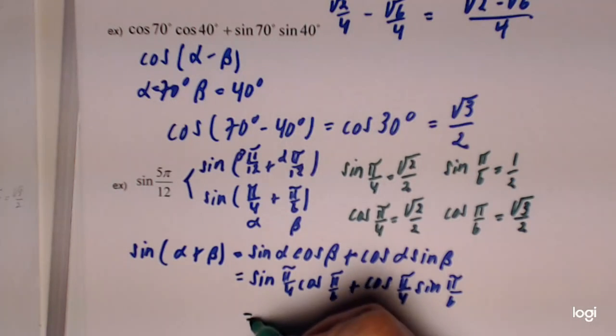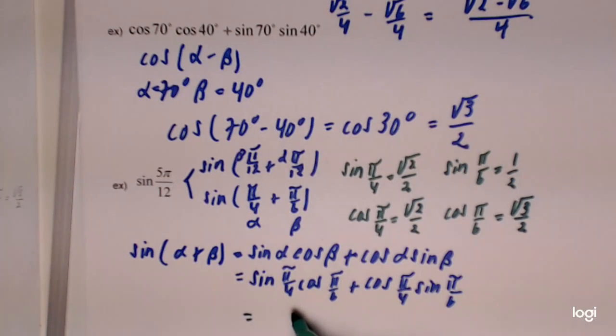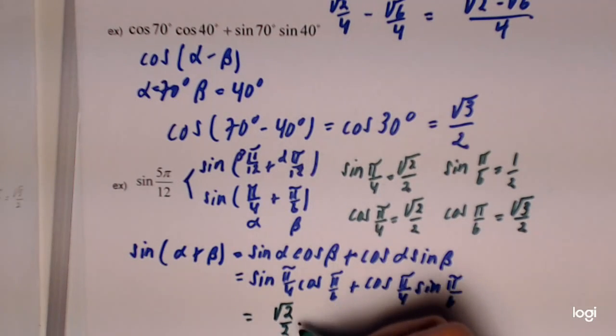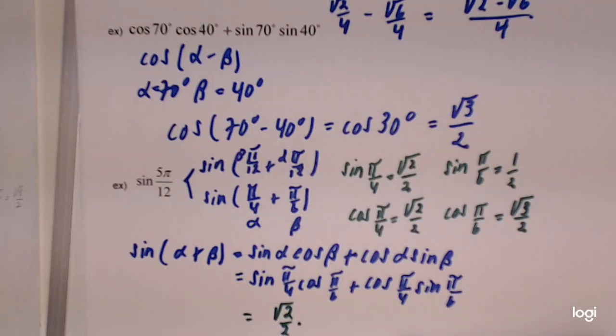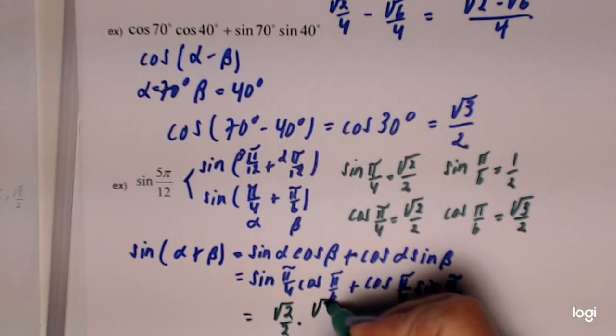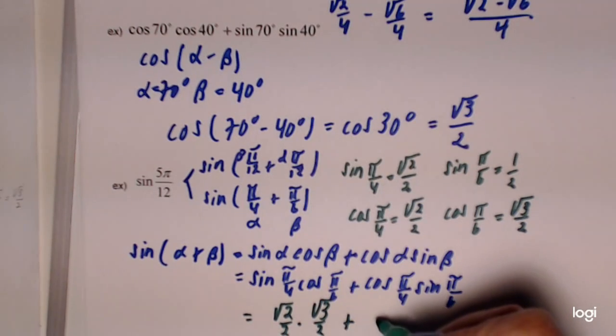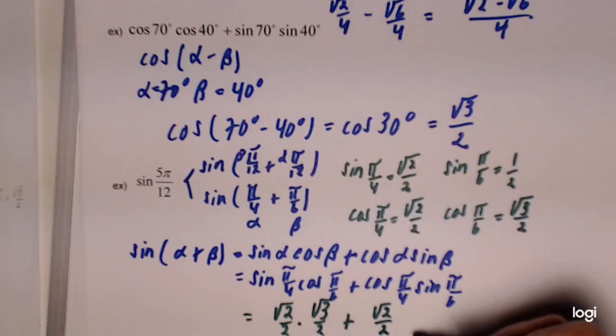So here, sine of pi over 4 is square root 2 over 2 times the cosine of pi over 6, which is square root 3 over 2, plus, now cosine of pi over 4 is square root 2 over 2, and the sine of pi over 6 is 1/2.